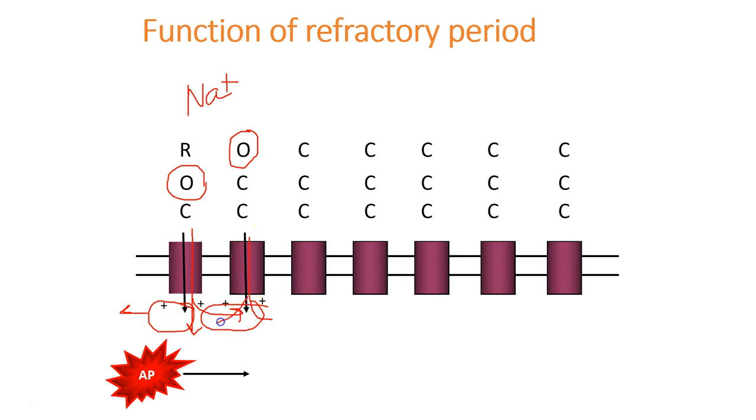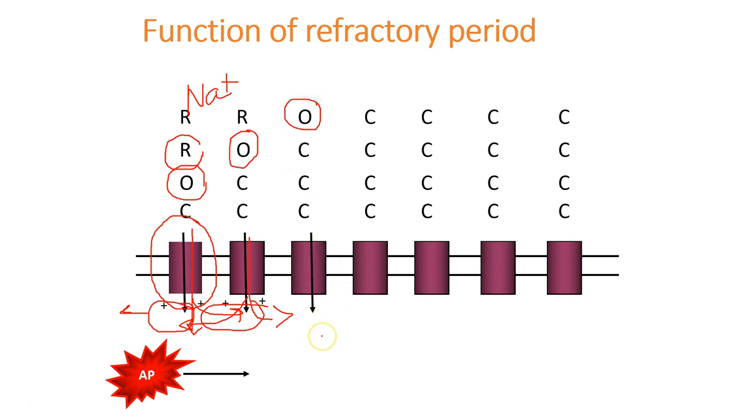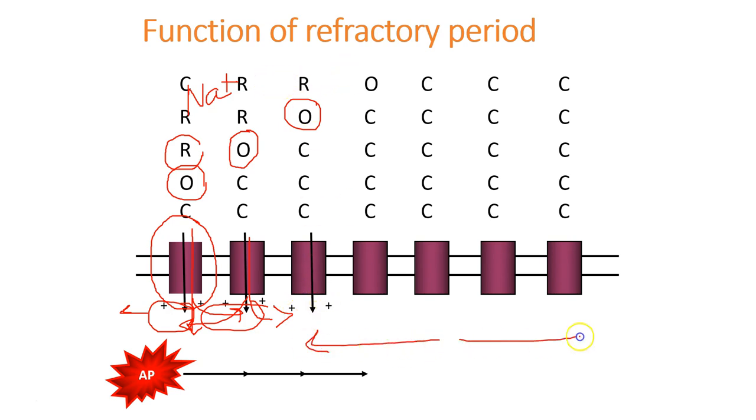but rather than sodium opening this first ion channel again, it can't because it's in refractory. So instead, the sodium ends up just opening the adjacent ion channel, and in this manner, the action potential moves down the length of the axon in one direction, and it doesn't end up traveling in both directions, which isn't supposed to happen.